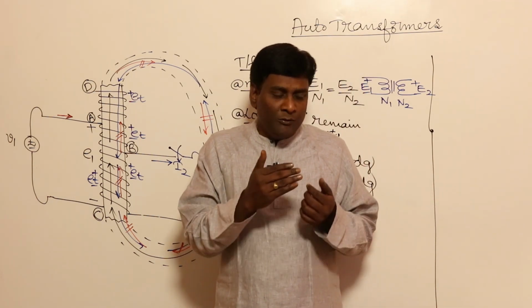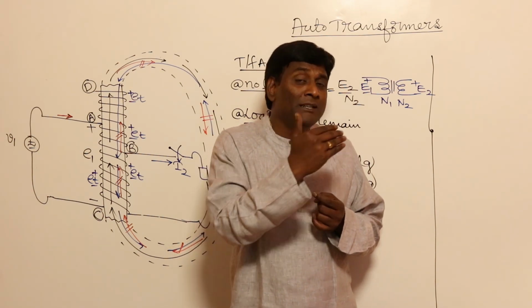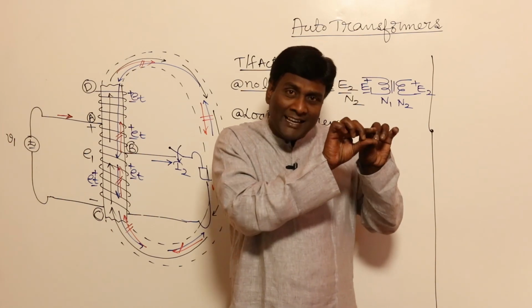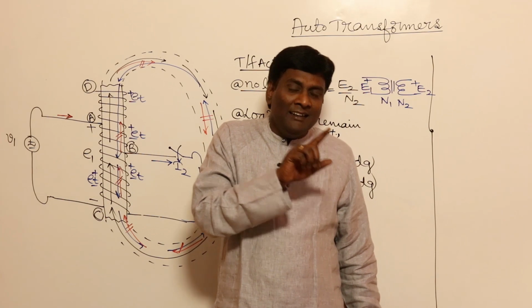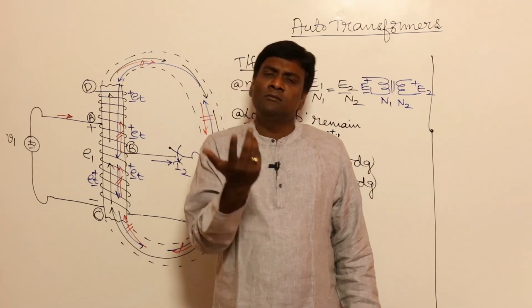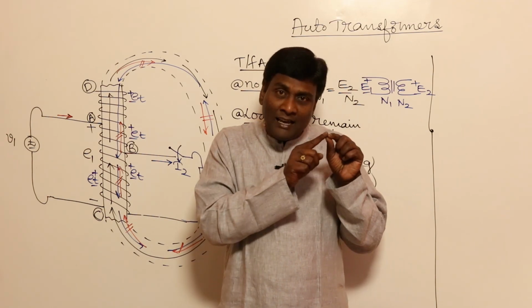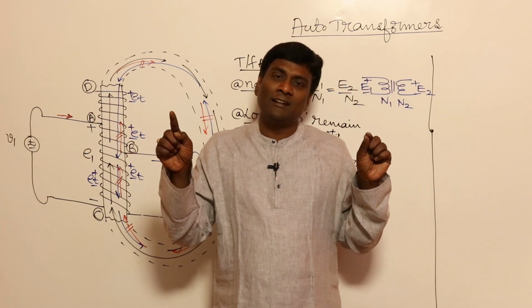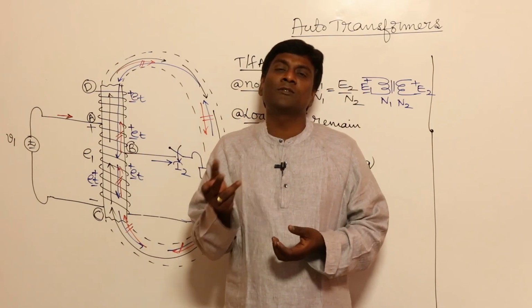Now if you think of generation to utilization, how is power transmitted? By directly having transmission lines and distribution lines. By directly having an electrical connection, we can transmit power. Without any electrical connection, like a transformer, we can transform power.